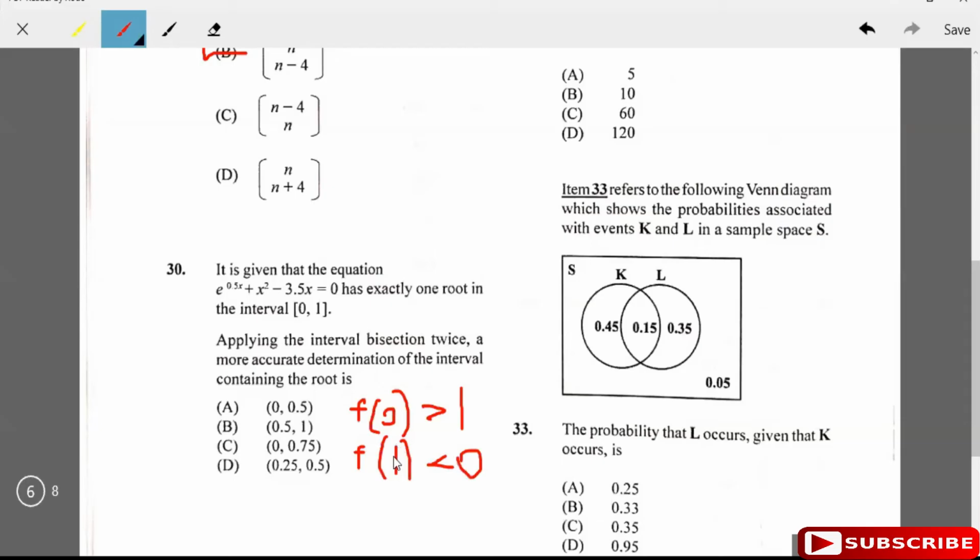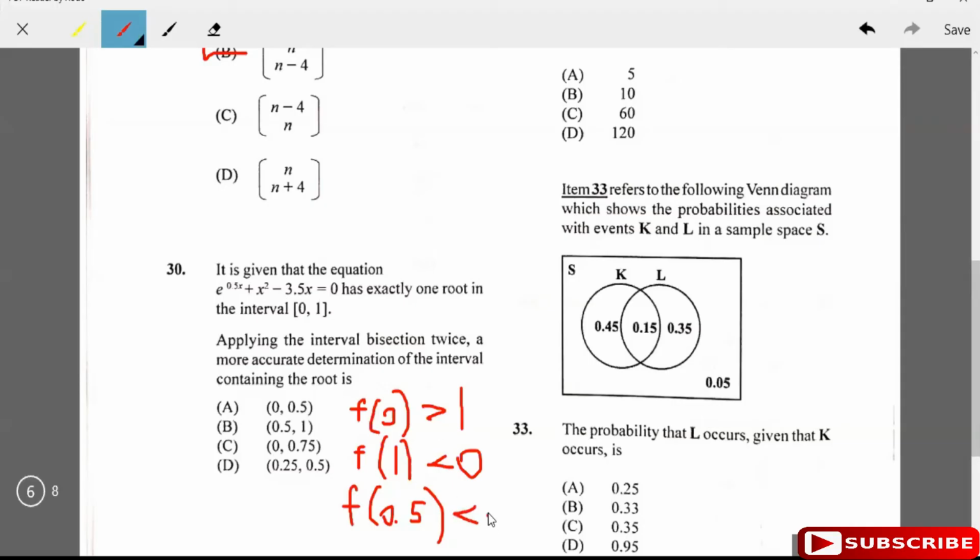Now we need to find the midpoint of 0 and 1, which is 0.5. f of 0.5 is e to the 0.25 plus 0.5 squared minus 3.5 times 0.5. That's less than 0.